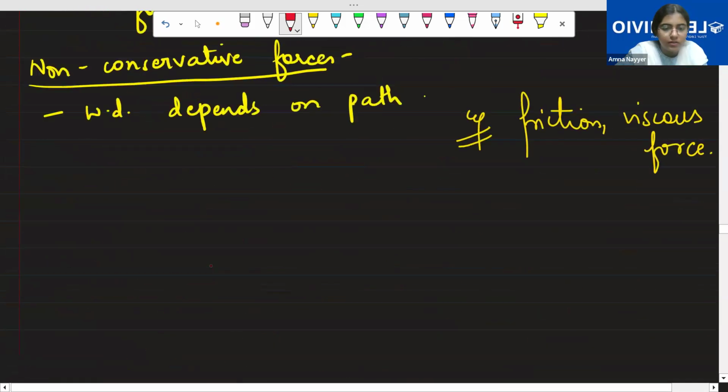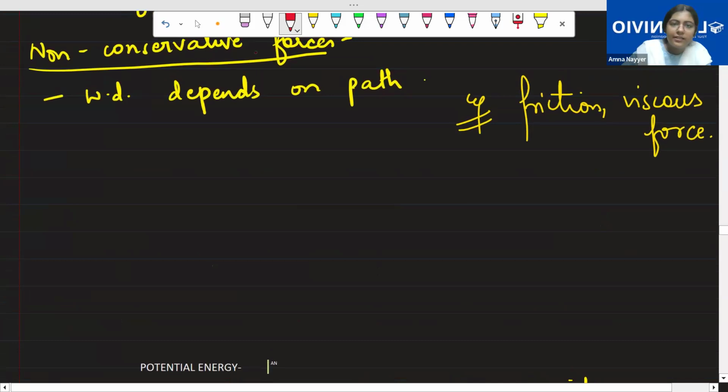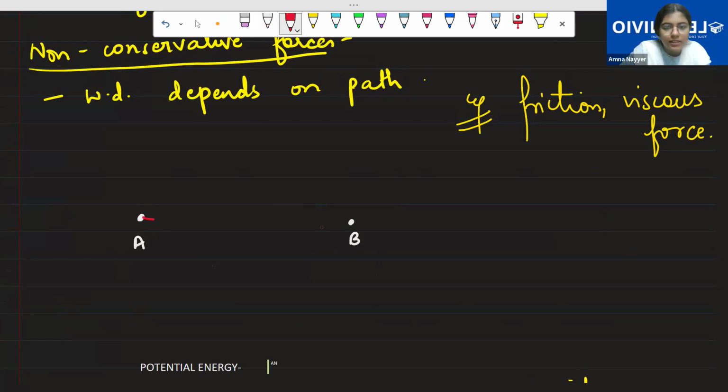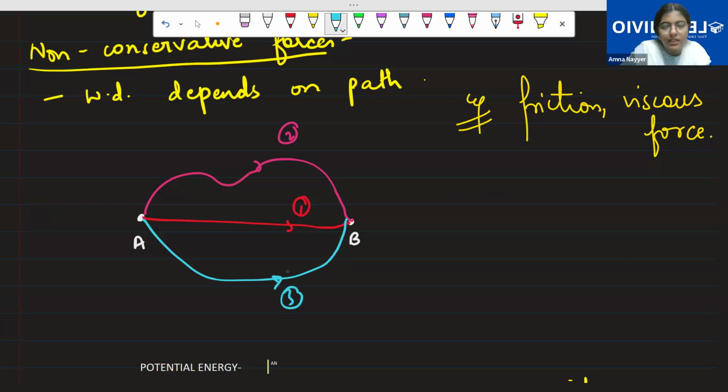I'll tell you the non-conservative forces right here. Let's say this is point A and this is point B. This is how the first body has traveled, this is how the second body has traveled, and this is how the third body has traveled. According to non-conservative forces, they depend upon how the path has been traveled.